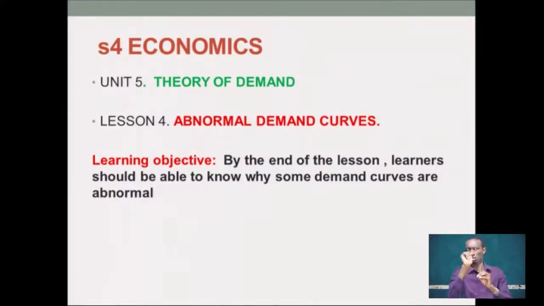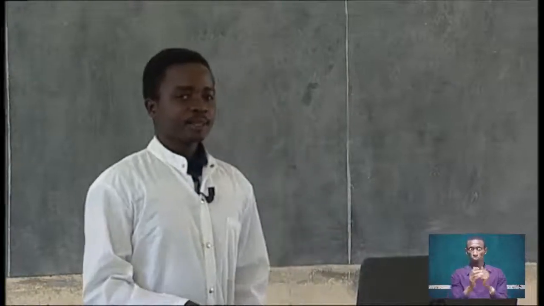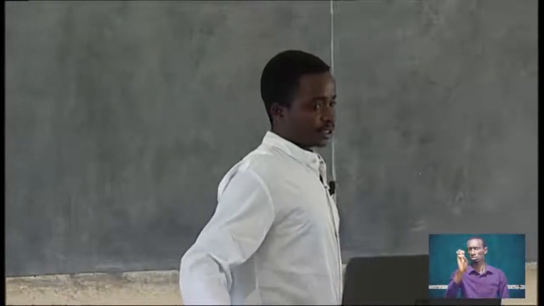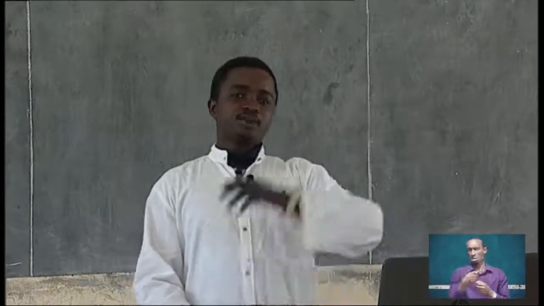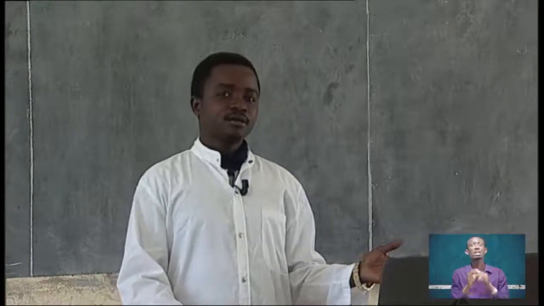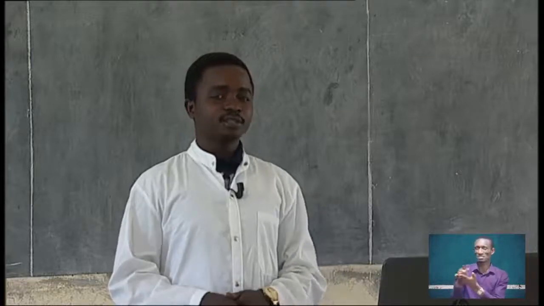So you all know how to state the law of demand. The law of demand states that the higher the price, the lower the quantity demanded of a commodity, and vice versa. Meaning that at a lower price, more of the commodity will be bought, and at a higher price, less of the commodity will be bought.